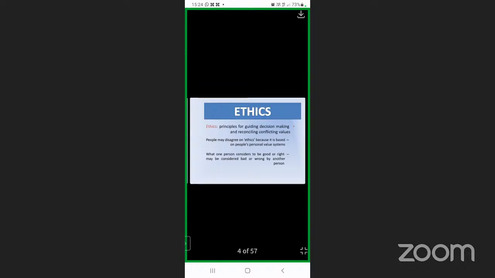So as we discussed, the principle of our research ethics: the objective of our research title, the objective, then outcome, then whatever literature we have reviewed. On the basis of literature only we write the synopsis.